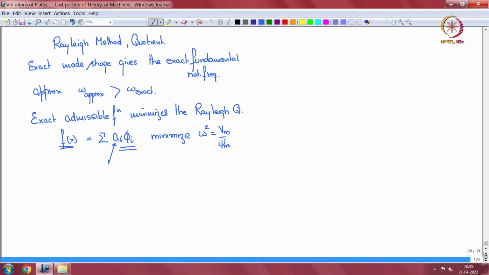Then you will find a set of a_i's which, when placed in this sum, will give a better and better estimate of the mode shape, so that your fundamental natural frequency is better estimated.